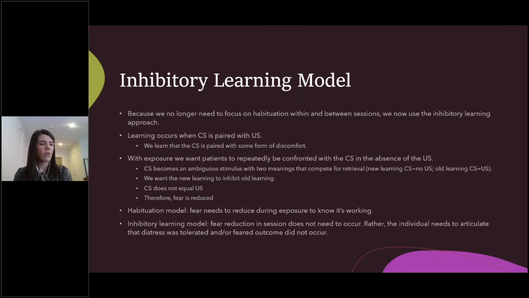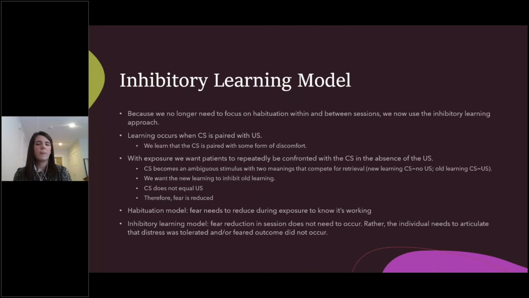And as I mentioned before, we have learning that occurs when a conditioned stimulus is paired with an unconditioned stimulus. So we learn that this conditioned stimulus is paired with some form of discomfort. So when we start engaging clients in exposure, we want them to be repeatedly confronted with the conditioned stimulus in the absence of the unconditioned stimulus.